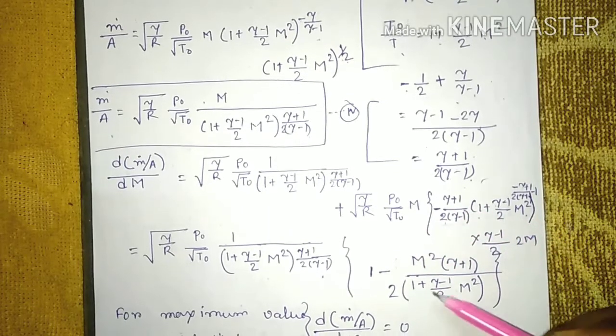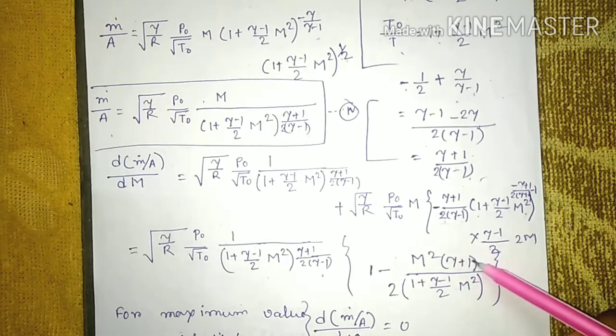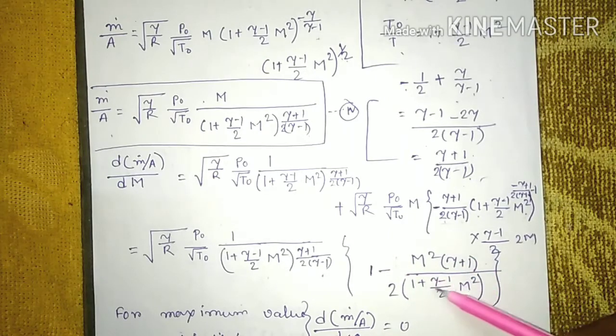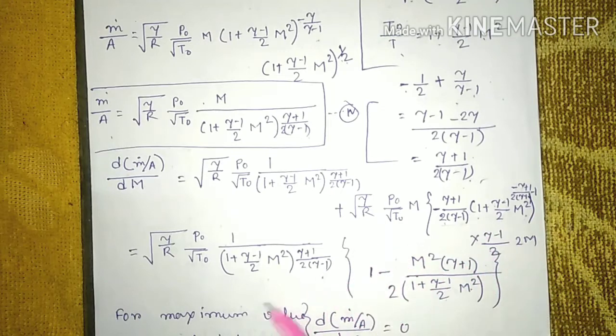After that the equation becomes, in the outer bracket, 1 minus M squared to the power (gamma minus 1) divided by 2, into 1 plus (gamma minus 1) minus 2 into M squared. You can try yourself, you will get this expression.